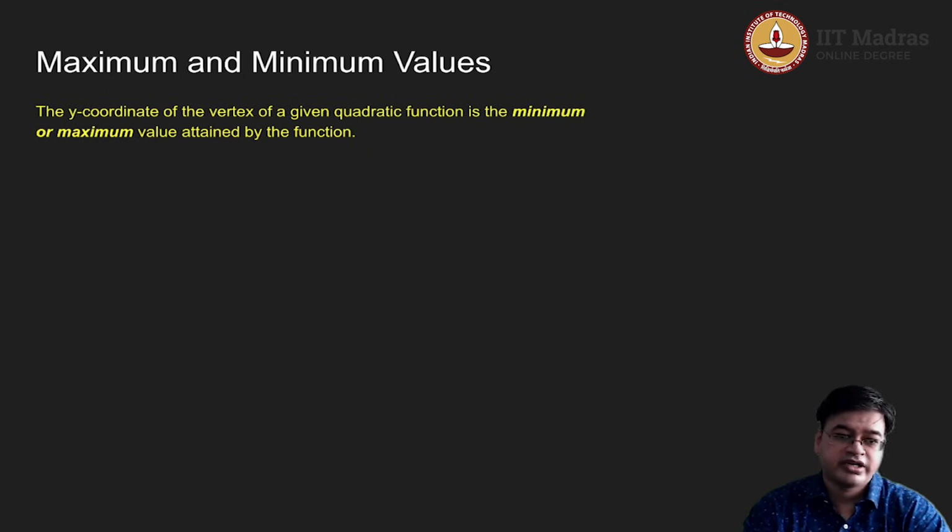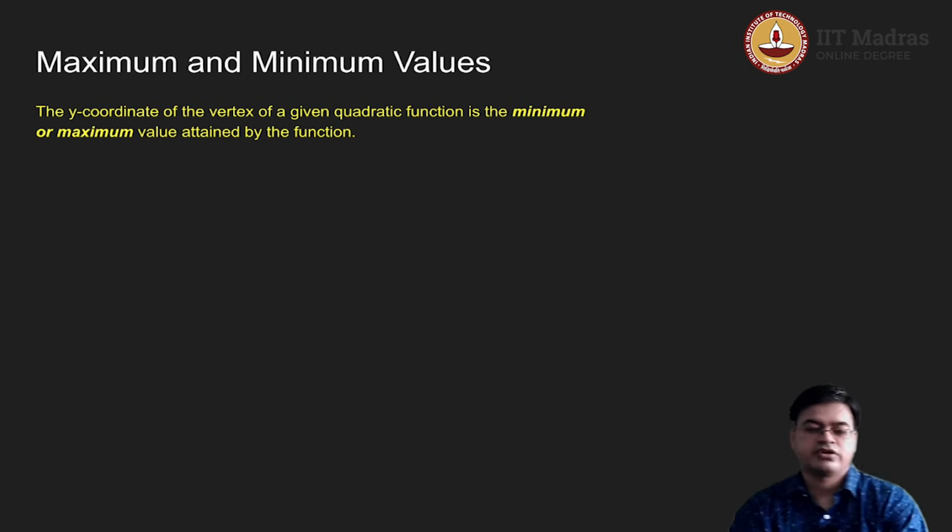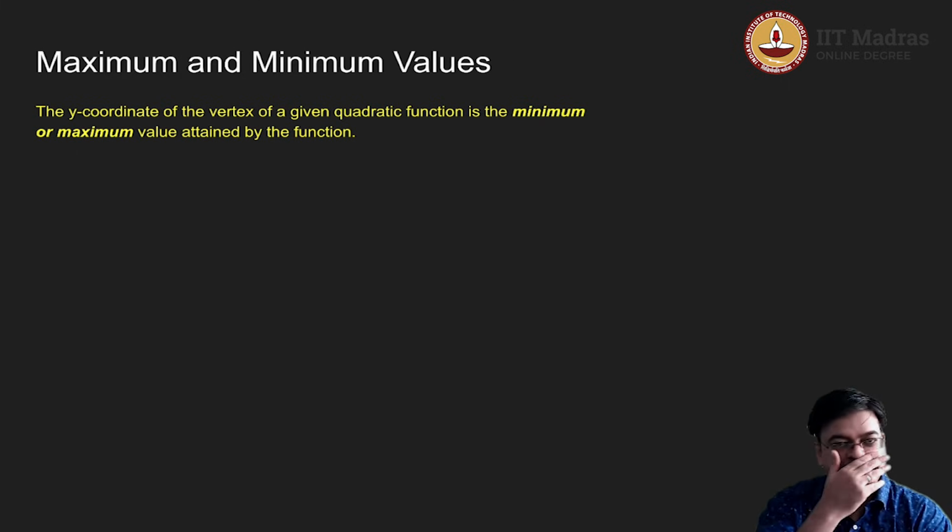So the y coordinate of the vertex of a given quadratic function is the minimum or maximum value attained by the function. Do you all agree with this? We have seen 3 or 4 graphs of functions. First we have seen y is equal to x square, where it goes to the bottom and 0 is the minimum value.